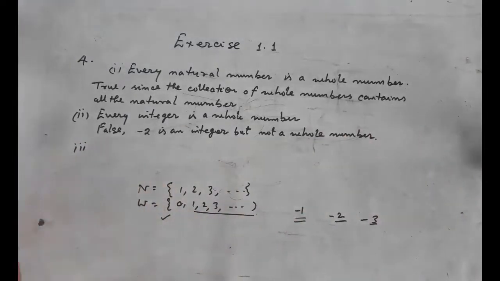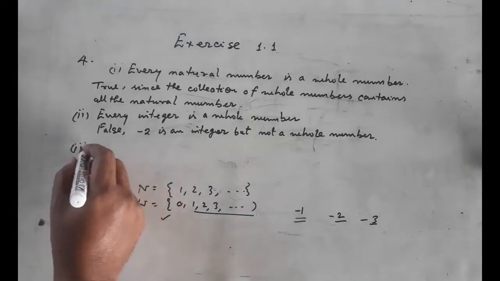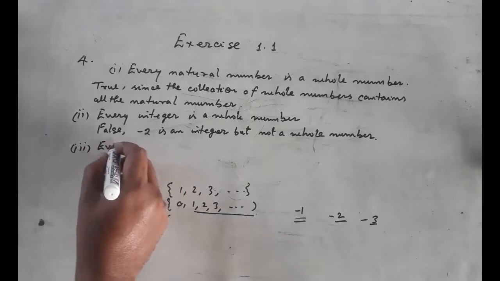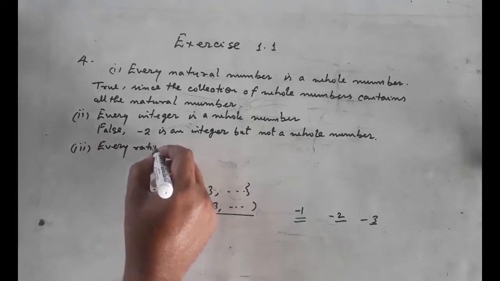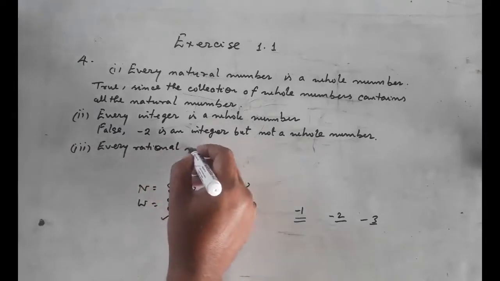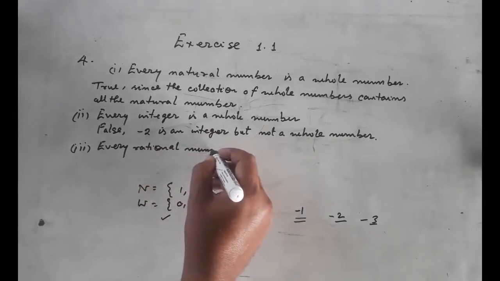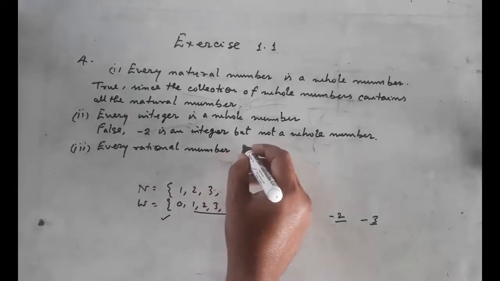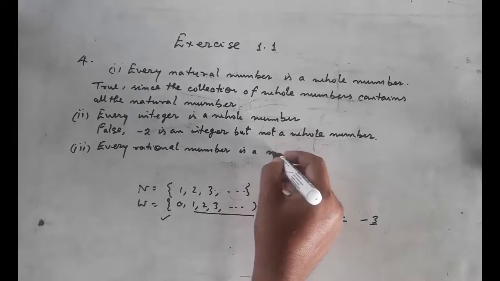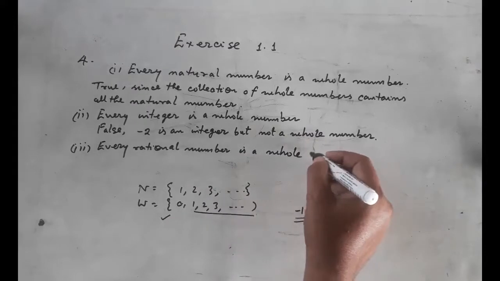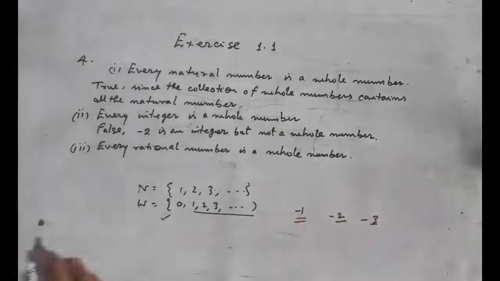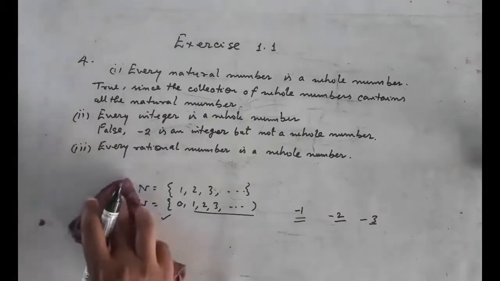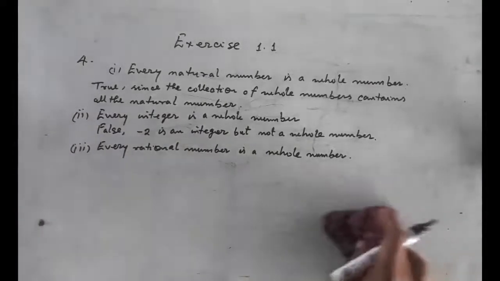Next is, every rational number is a whole number.